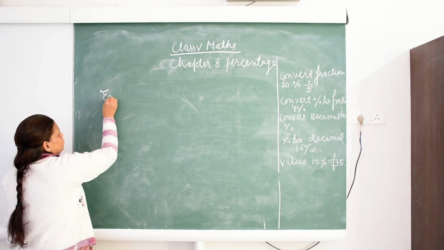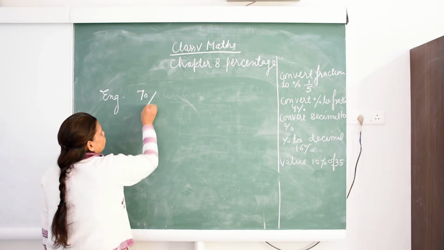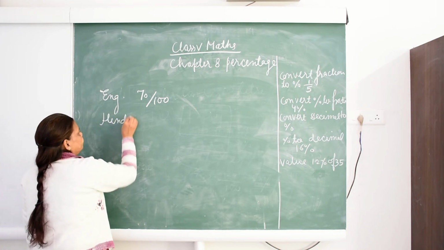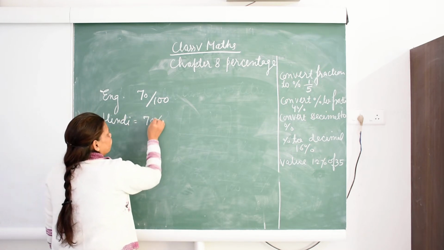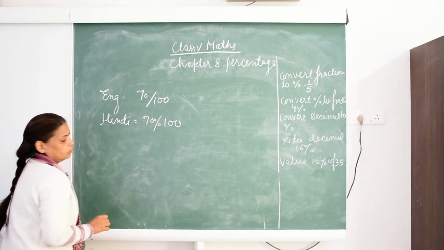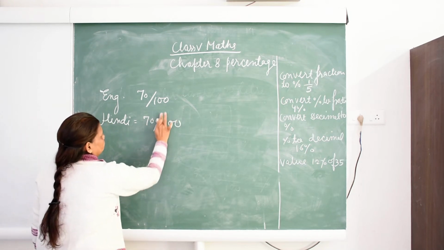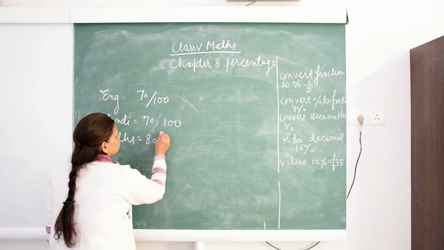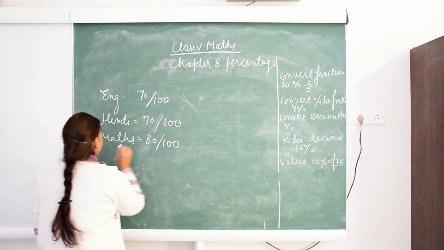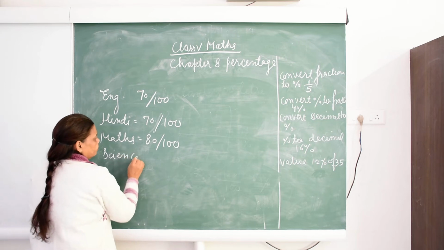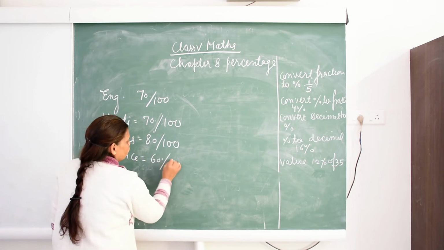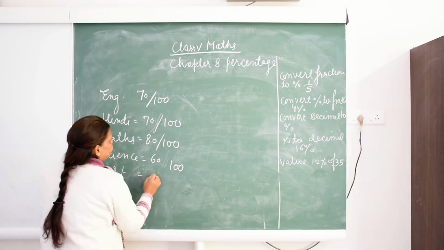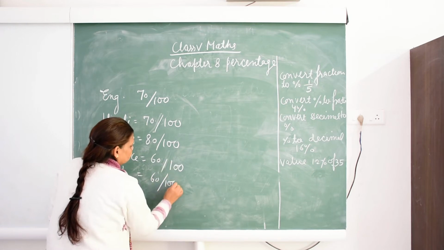In English you got 70 marks out of 100, and in Hindi again you got 70 marks out of 100, and in maths you got 80 marks out of 100, and in science you got 60 marks out of 100, and in SST again you got 60 marks out of 100.